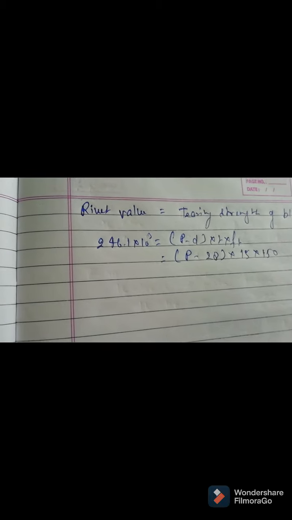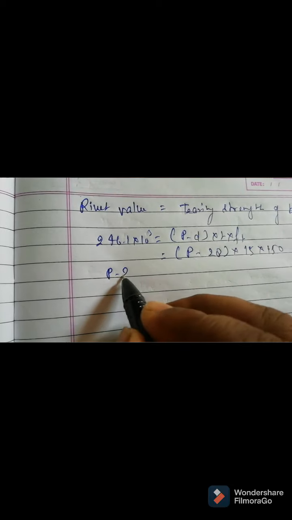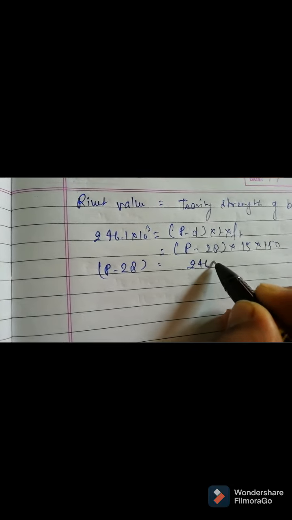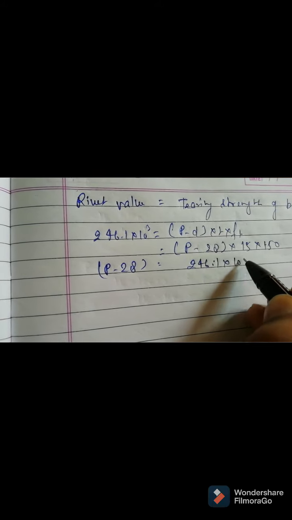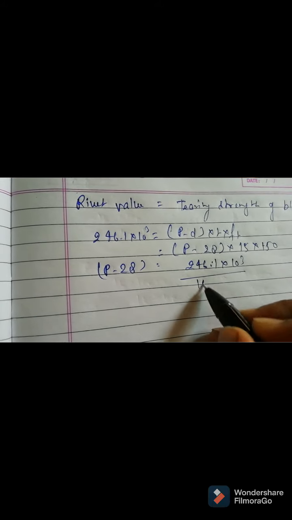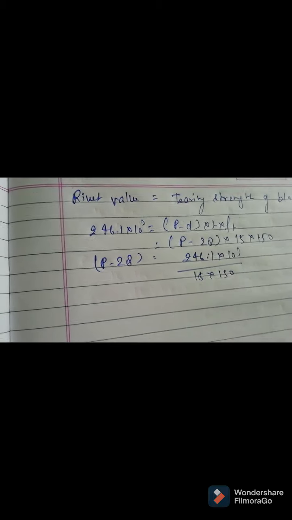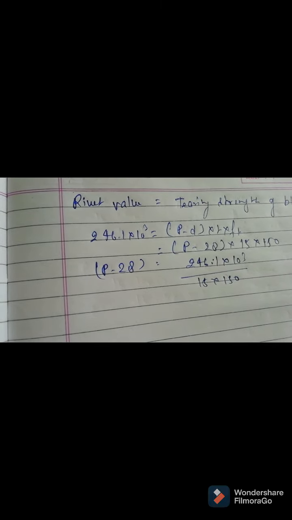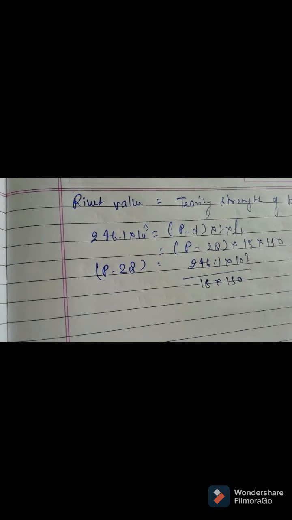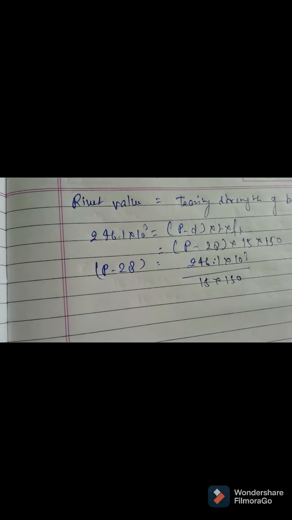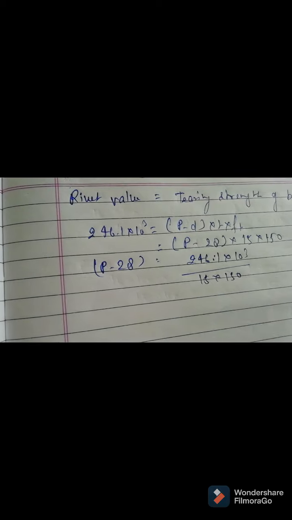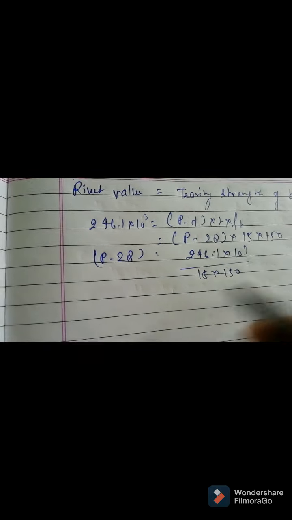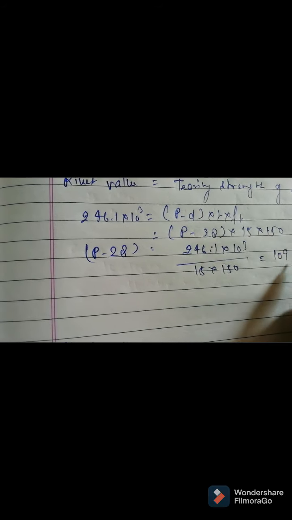If you solve this, P minus 28 equals 246.1 into 10 power 3 by 15 into 150, which is 109.